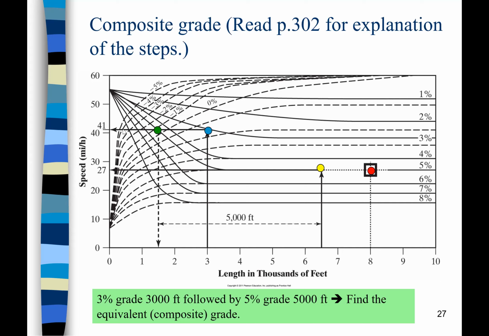Go to your left. The speed can be found at 41 miles per hour at the end of the first 3,000 feet. And it's actually the starting point where the next 5% upgrade shall start. So the 5% upgrade is this line.